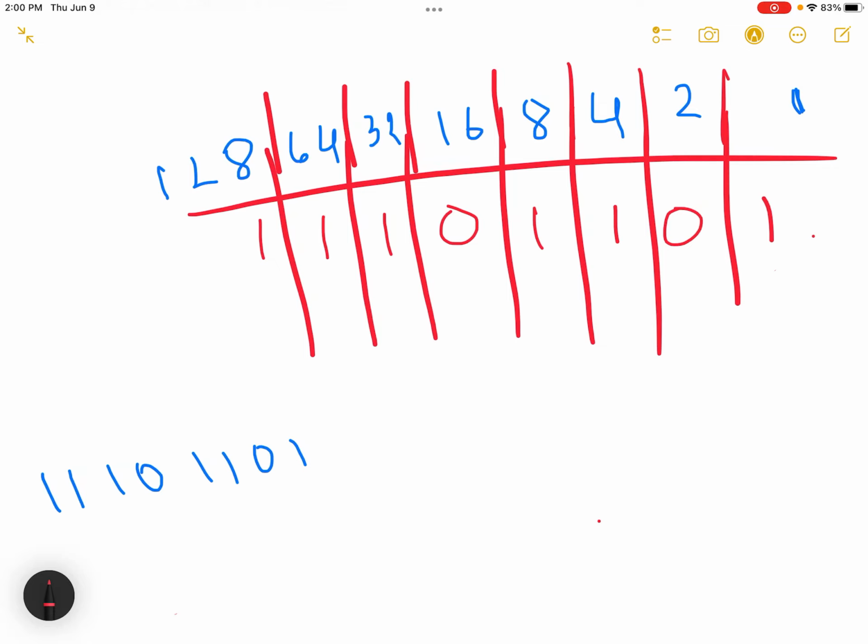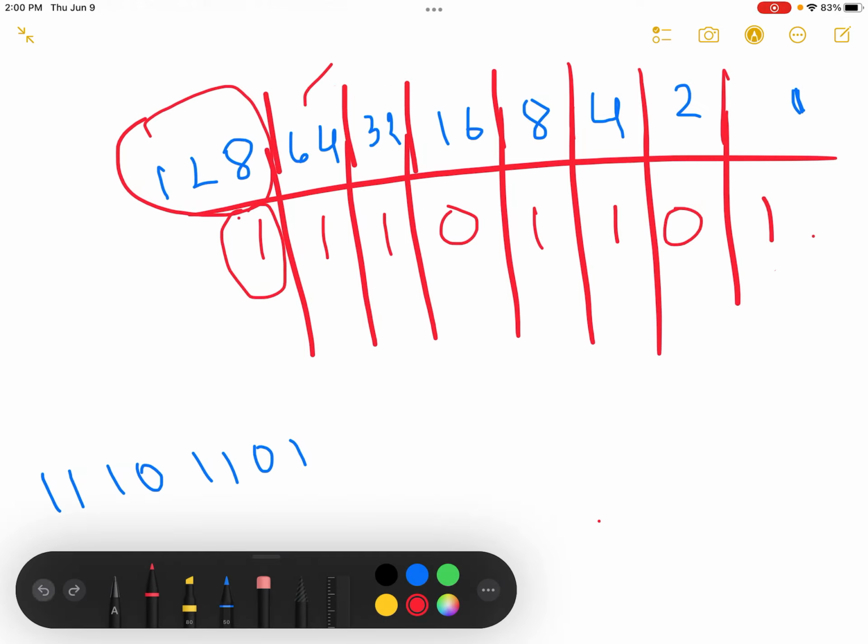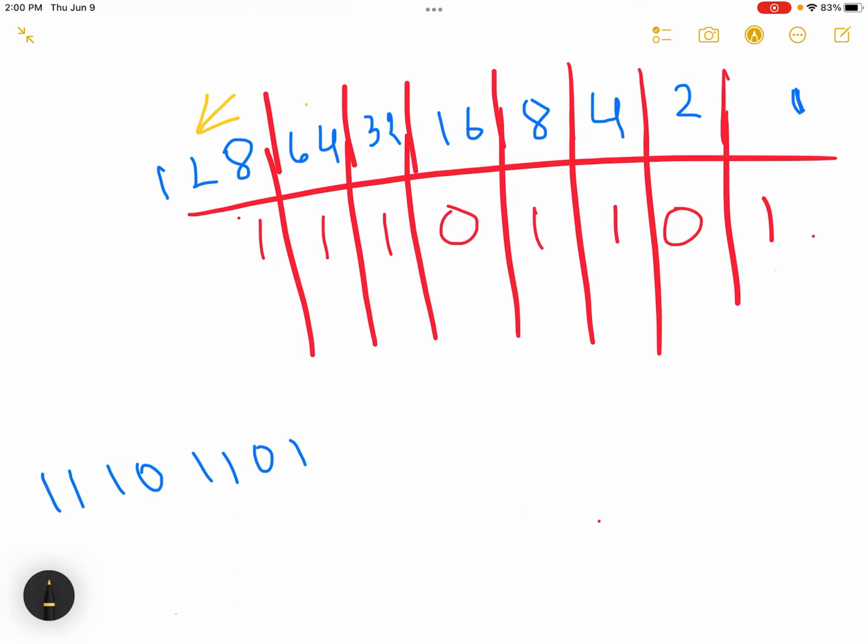You just have to pick wherever there is a 1, and mark that number. Sorry, let me use a different color. Okay, mark this number. Wherever 1 is, mark this number. Wherever 0 is, ignore it. Then add up all the numbers.